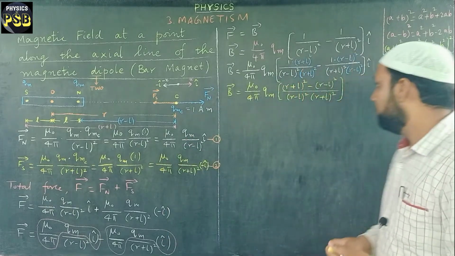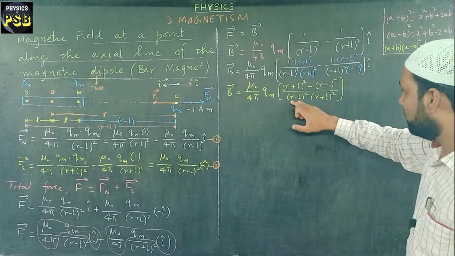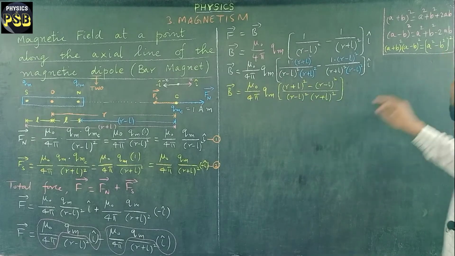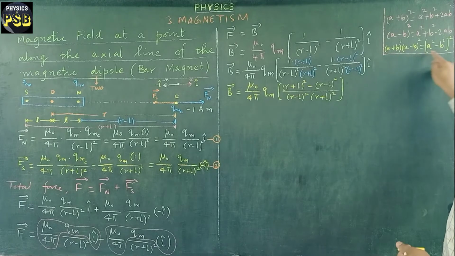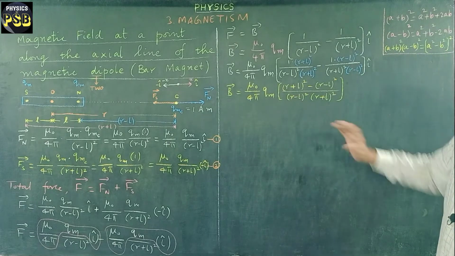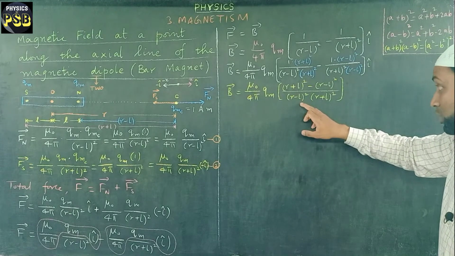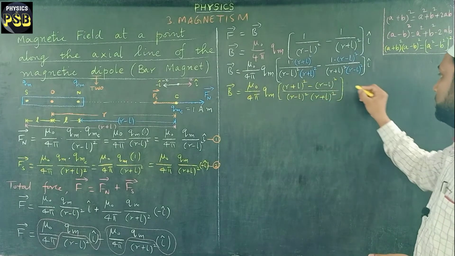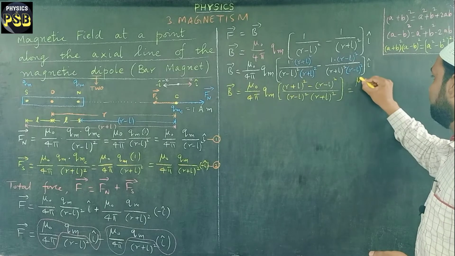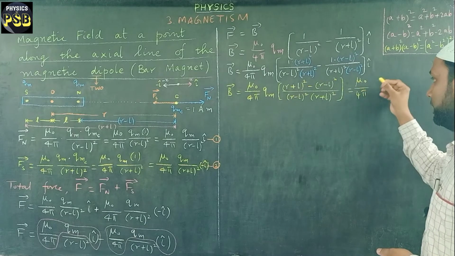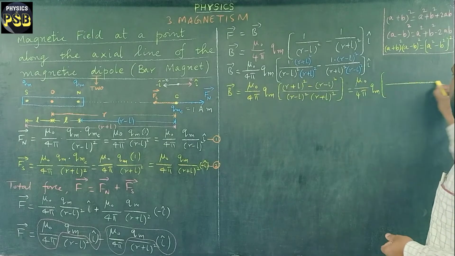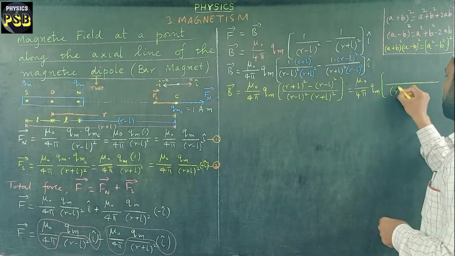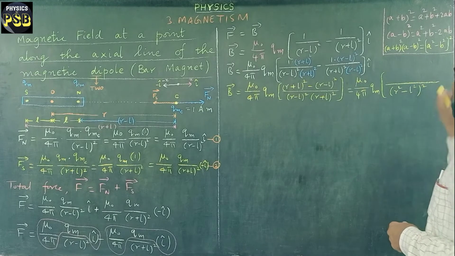Now see, if you look at this, it appears similar to a square minus b square. So in the place of this, I can write a square minus b square to the whole square. Here I can write r square minus l square to the whole square. Clear? So this becomes mu naught upon 4 pi qm equals, in the denominator, r square minus l square to the whole square.